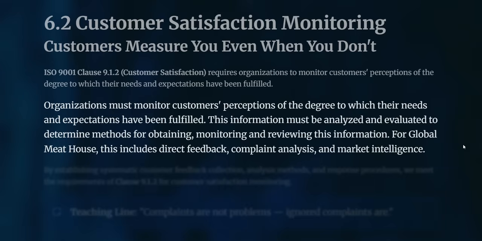This information must be analyzed and evaluated to determine methods for obtaining, monitoring, and reviewing this information. For our case study, Global Meat House, this includes direct feedback, complaints analysis, and market intelligence.